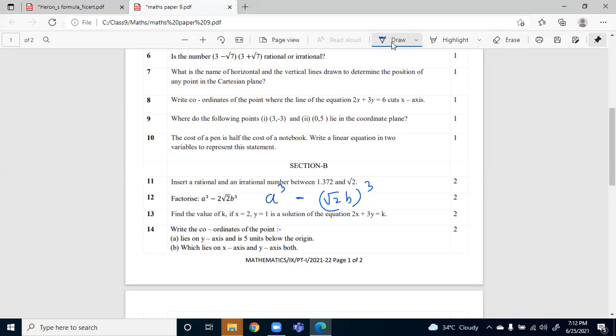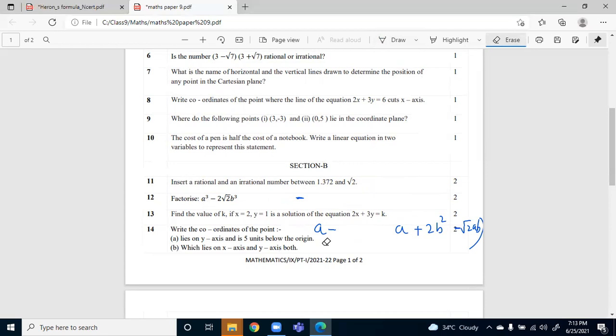Do you remember, that is identity number 6. x cube minus y cube is x minus y times x square plus y square minus xy. Hmm, so that is a very easy question.